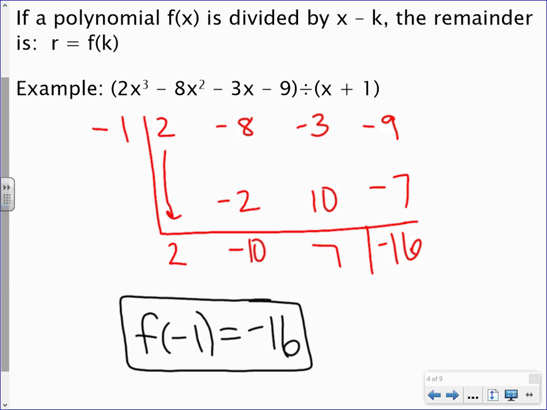Okay. Now, I want you to brainstorm in your pod how this could be helpful besides just helping us come up with a value that could be difficult by hand. Okay? How else could this be helpful? Brainstorm with your group.